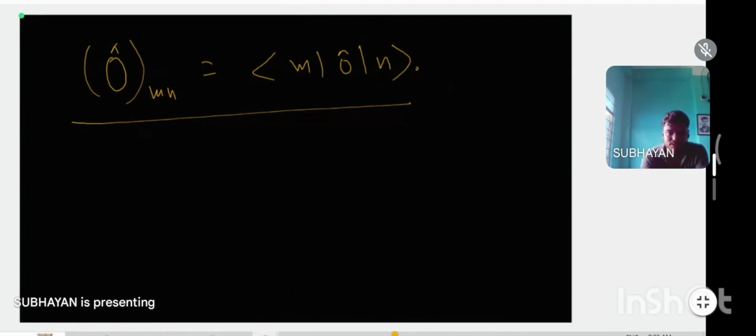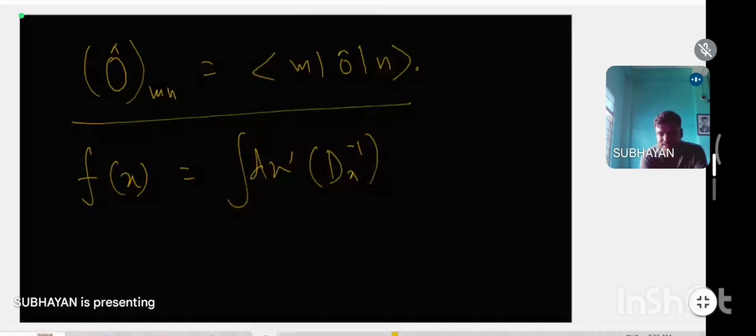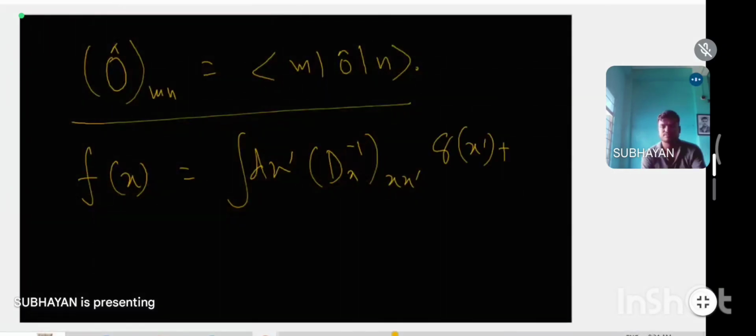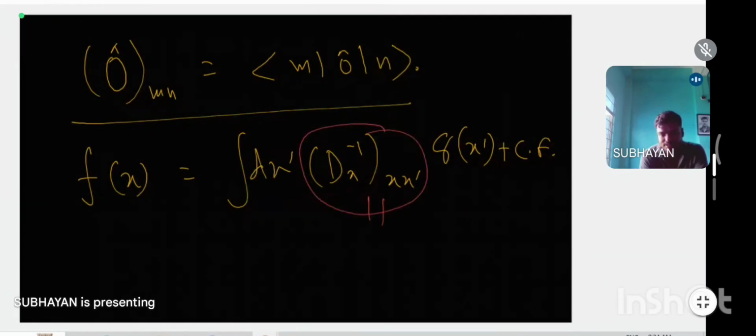So ideally it is integration dx prime dx inverse of x prime g of x prime plus complementary. And this particular term is known as the green function. This is known as the green function. So I should write it in green.